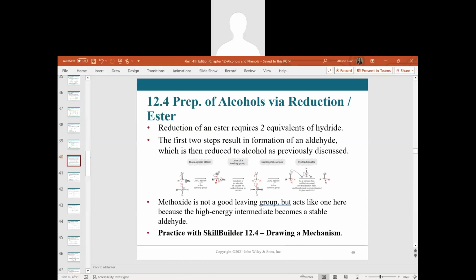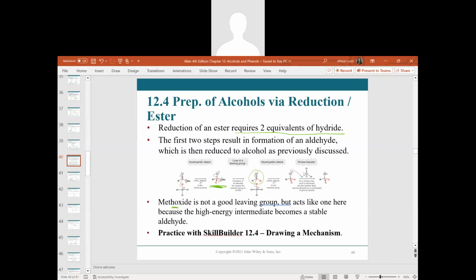In the reduction of an ester, we would need two equivalents of our hydride because we generate, after the first step, right, we break that carbonyl, that double bond, and generally methoxide is not a good leaving group, but it acts like one here because it's a very high energy intermediate here, and then it becomes this more stable aldehyde that I circled there.